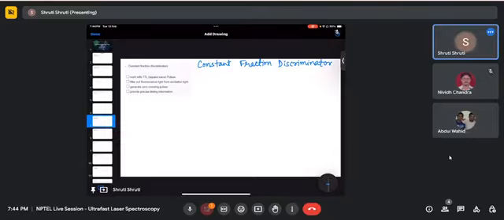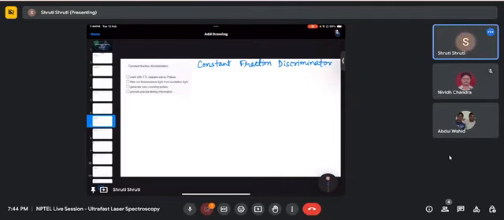Now what happens, the start signal is given by your emitted photon. Some part of the laser, which is called the sync, with very little intensity, will go to the TAC. Most of it will go and excite your sample.